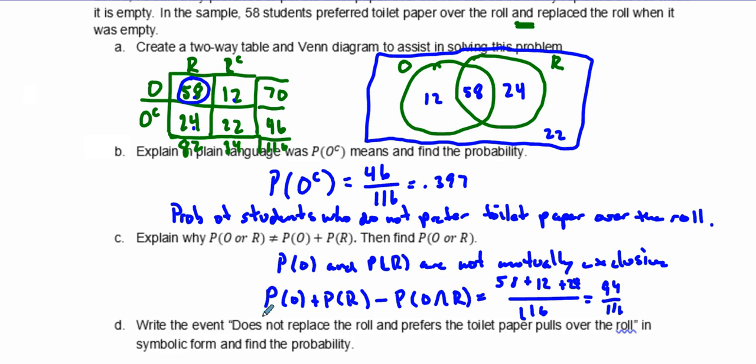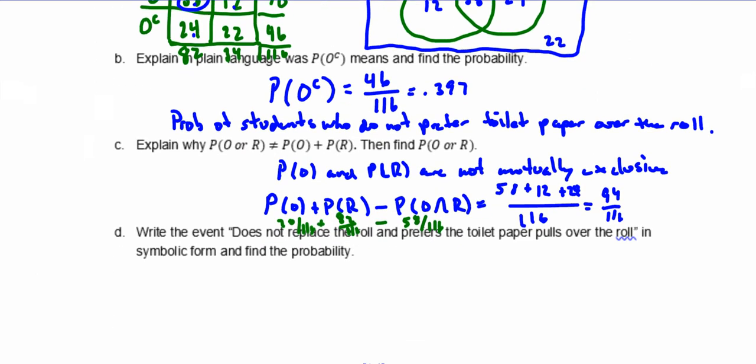So this would be 70 over 116 plus 82 over 116, minus 58 over 116. So it essentially comes out to the same thing.